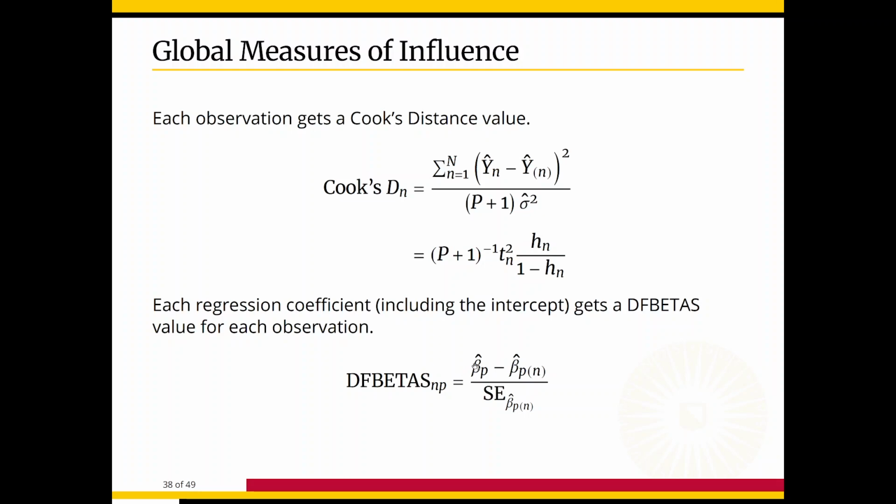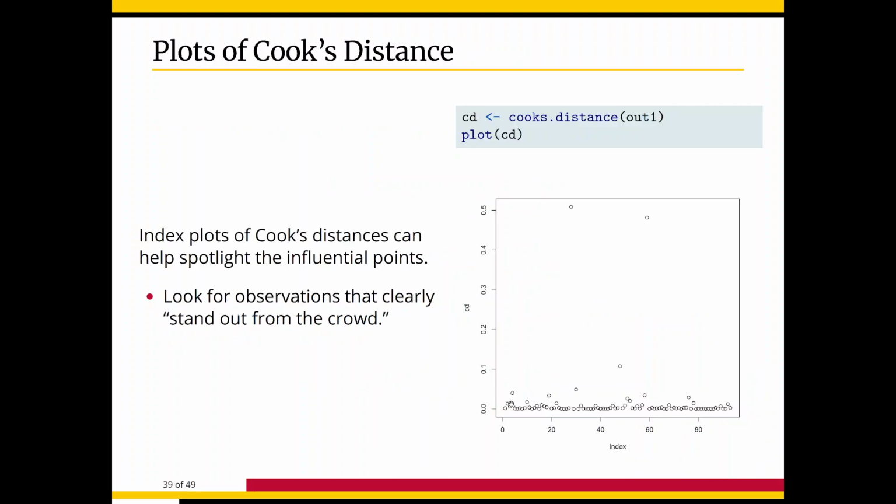Beta here is going to be the intercept and then every one of our slopes. And then we just divide by the standard error from the reduced model, the one that leaves out the nth case. And just like all of the measures that we've seen so far, I think the best way to evaluate these is in terms of an index plot.